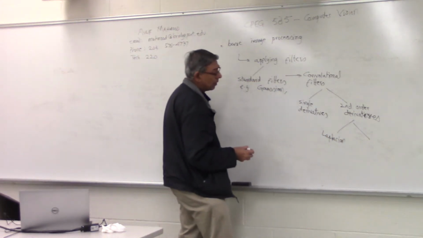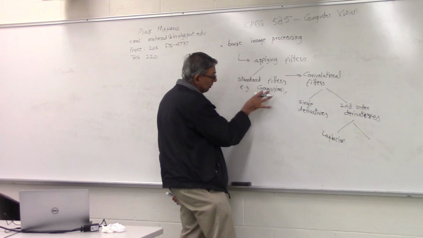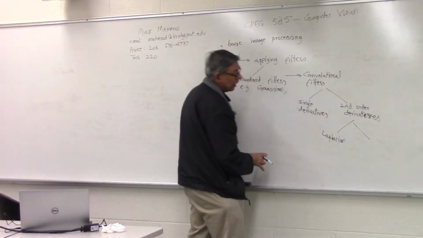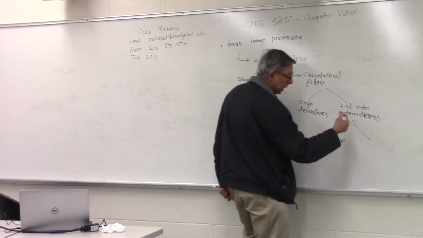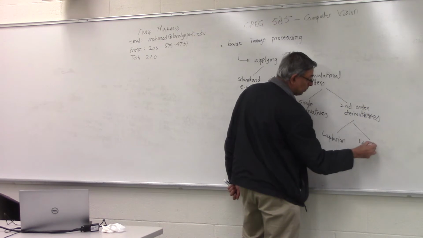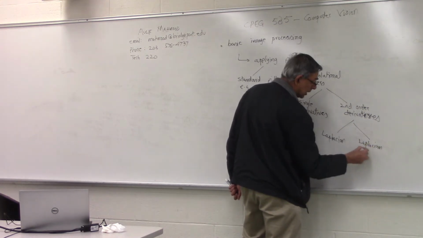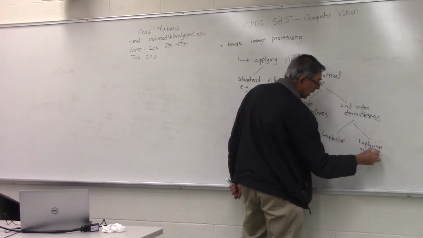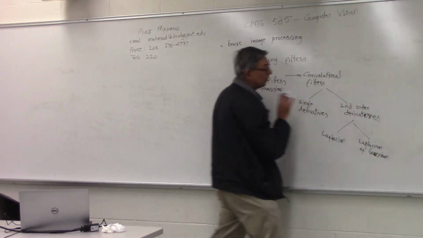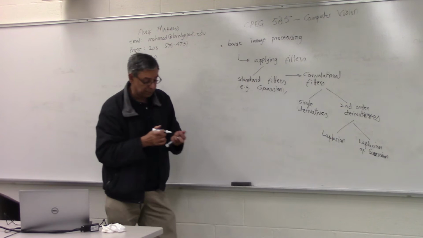Sometimes what we do is take a Gaussian filter, then do the Laplacian on it to enhance it in a certain way. So we have Laplacian of Gaussian as an example. Anyway, don't worry about it.